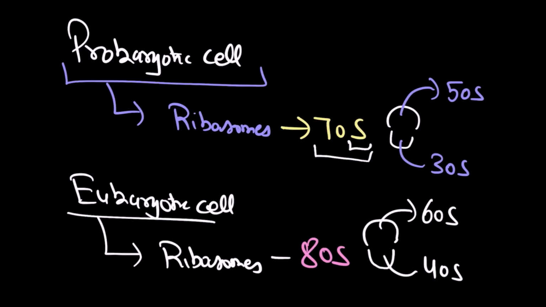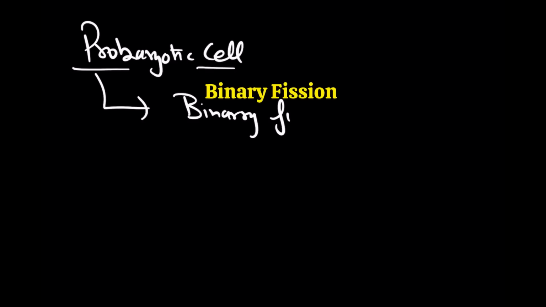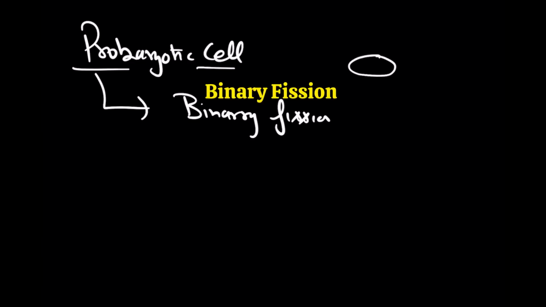Now here is another important difference. In the case of a prokaryotic cell, the cells divide by the process of binary fission. One cell will simply divide into two by binary fission.